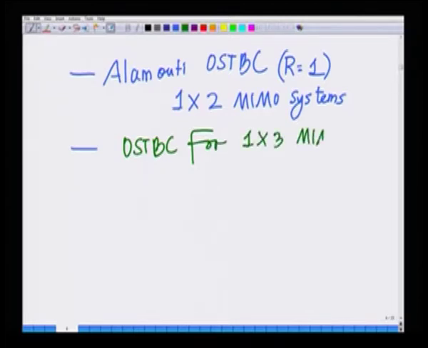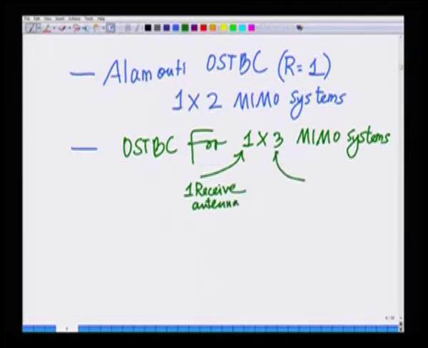for 1x3 MIMO systems. It essentially has one receive antenna and 3 transmit antennas, and we said this is a rate half code.